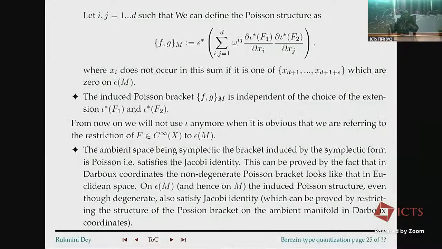I restrict it to epsilon m, leave out all the derivatives, all the del xj's which are from xd plus 1 till x2n. I leave out those and then pull it back on m. So that's how we define it. And one can show that it's not non-degenerate anymore, but it satisfies the Jacobi identity.